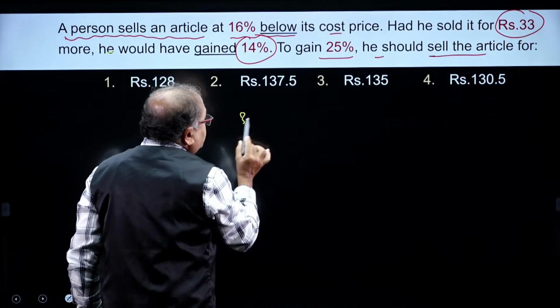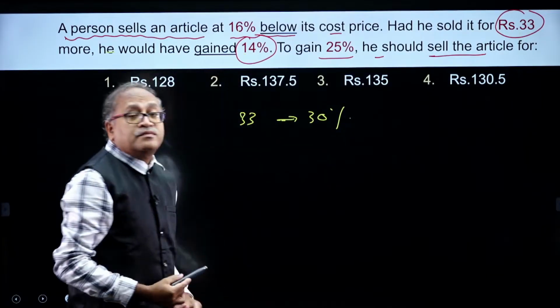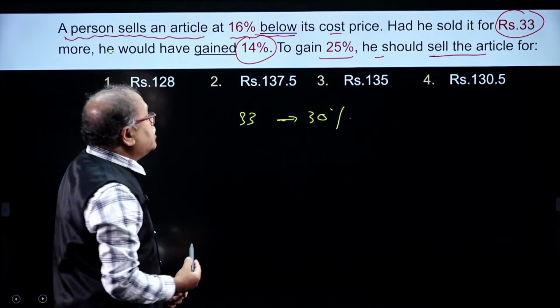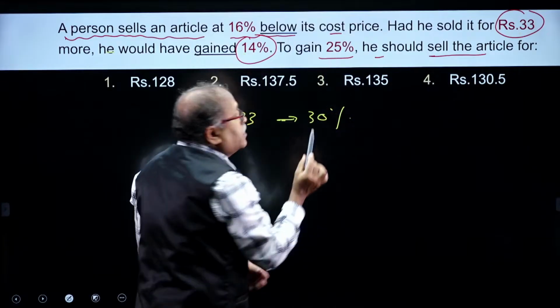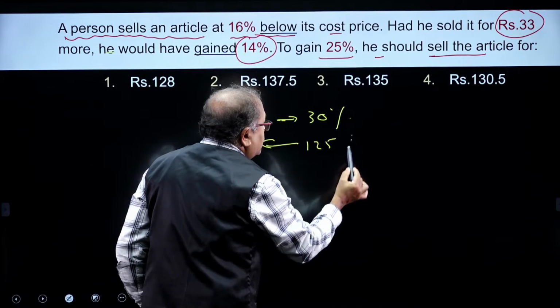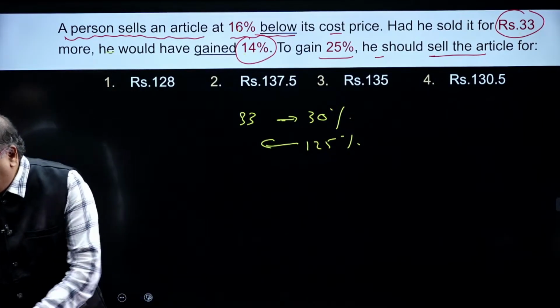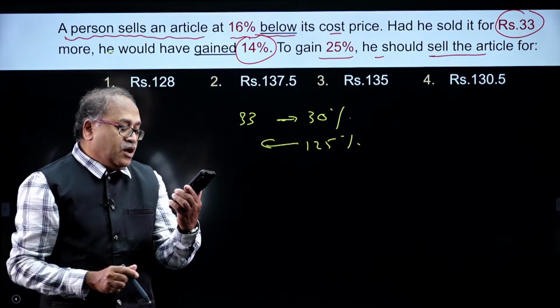That means 33 rupees is nothing but 30%. What is my requirement is 25% gain, that means 125%. So, 125% will be how much? Come on, some of you must have answered the question.